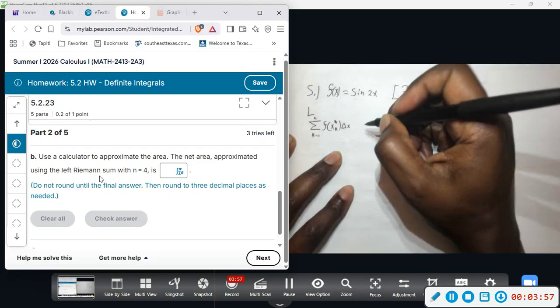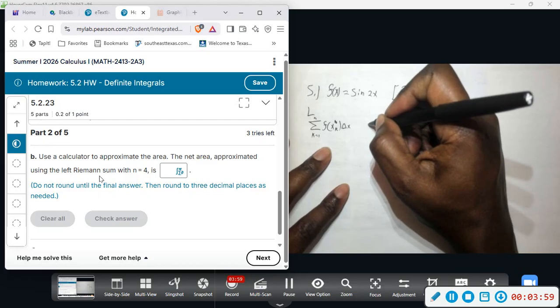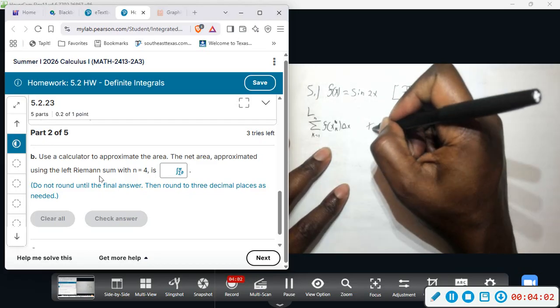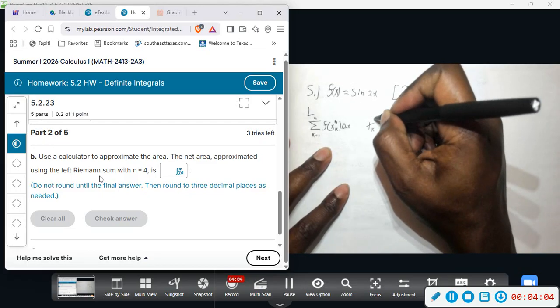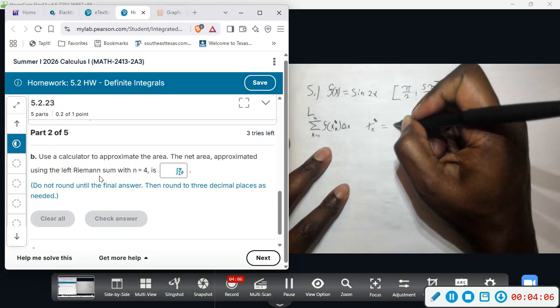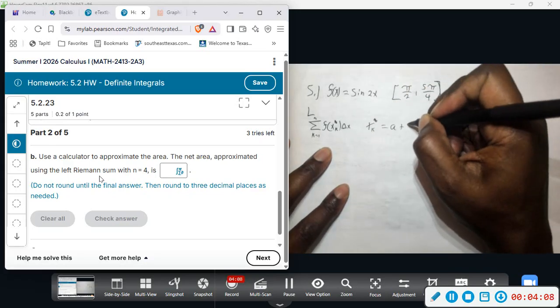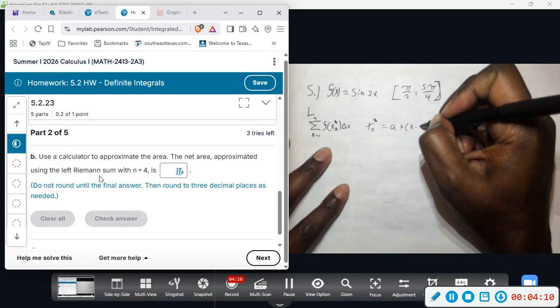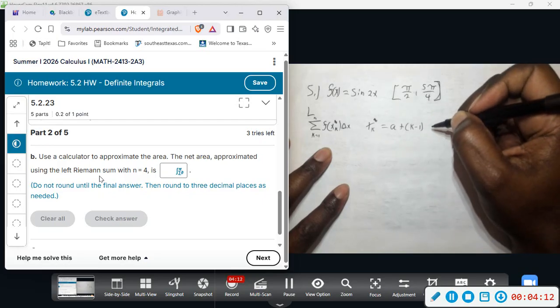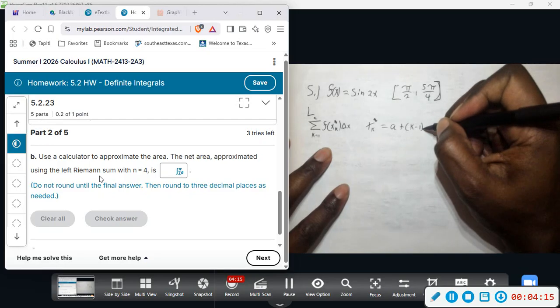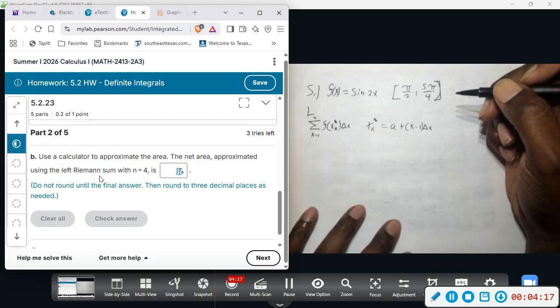Don't forget that, times the change in x. And then the special x value, xk star, is equal to a plus k minus 1 times the change in x.